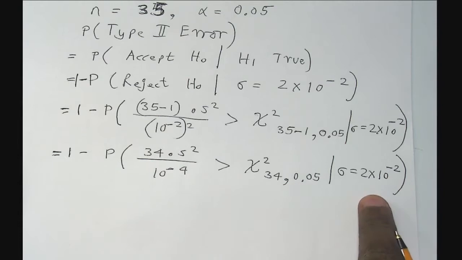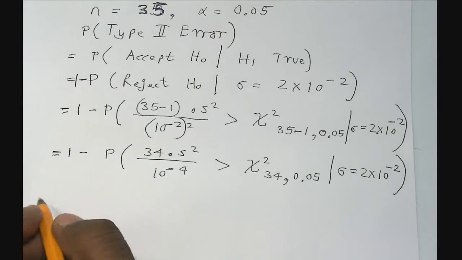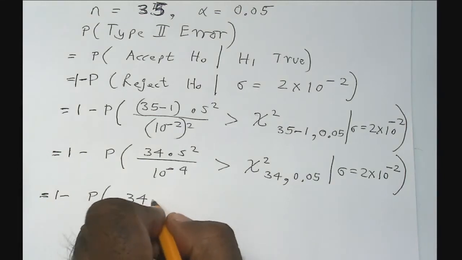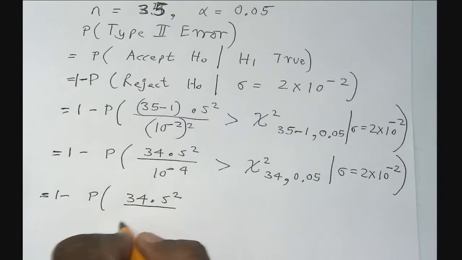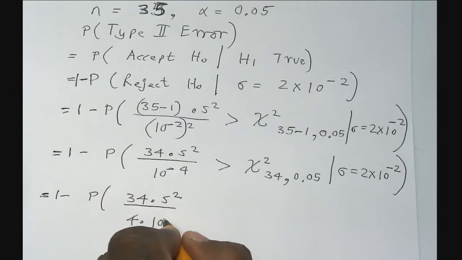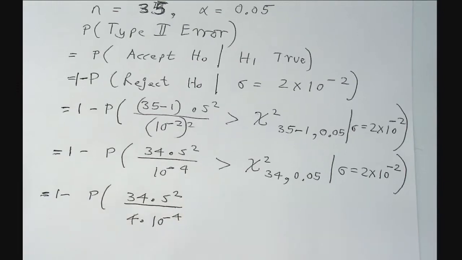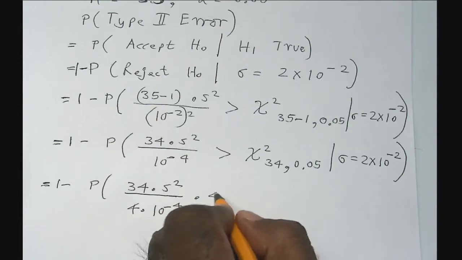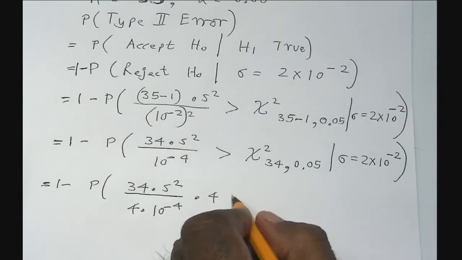So the true variance will be what? If this is the true sigma, then the true variance will be 4 times 10 to the power minus 4. So because I have introduced the 4 here, I need to multiply by 4 too.